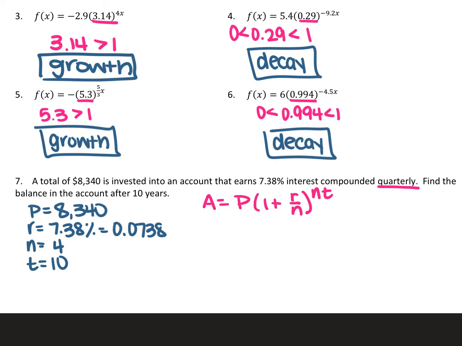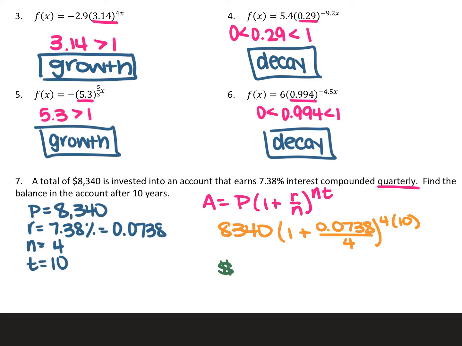So plug all this in. You have 8,340 times 1 plus 0.0738 over 4 to the power of 4 times 10. You are dealing with money with this. So when you type this into your calculator and get the number that's your answer, you have to make sure that you round to 2 decimal places.